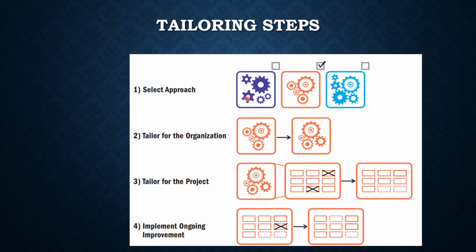Along with the team, they can go through the step-by-step process: selecting the right initial approach, tailoring for the organization, and tailoring for the project. During this time you can change your approach as well, and then go for ongoing improvement. These four steps help you tailor the project management approach and processes.